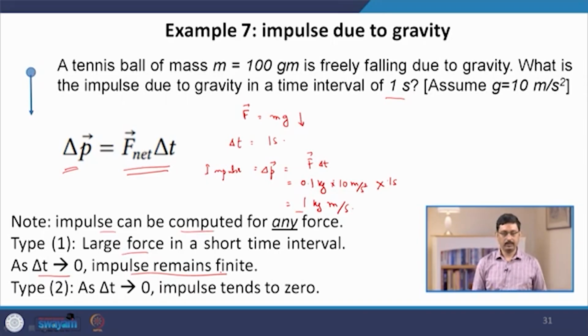So, this is the situation where impulse is the natural way to analyze the problem. The other situation, such as in this example, is where the force due to gravity is not large. In fact, this is constant. So, in this case, if delta t tends to 0, then impulse also tends to 0. This is a hallmark of a situation where the force is continuously changing.